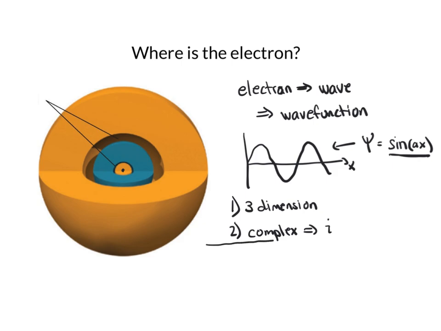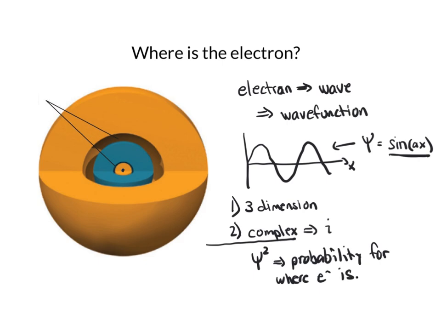The way that we interpret this is that if we take the square of the wave function, that will give us the probability for where the electron is in space.